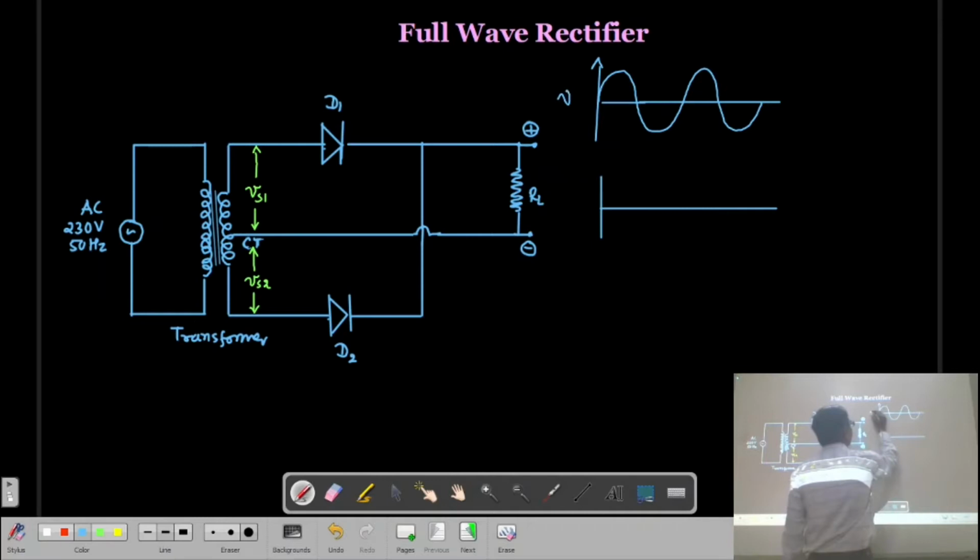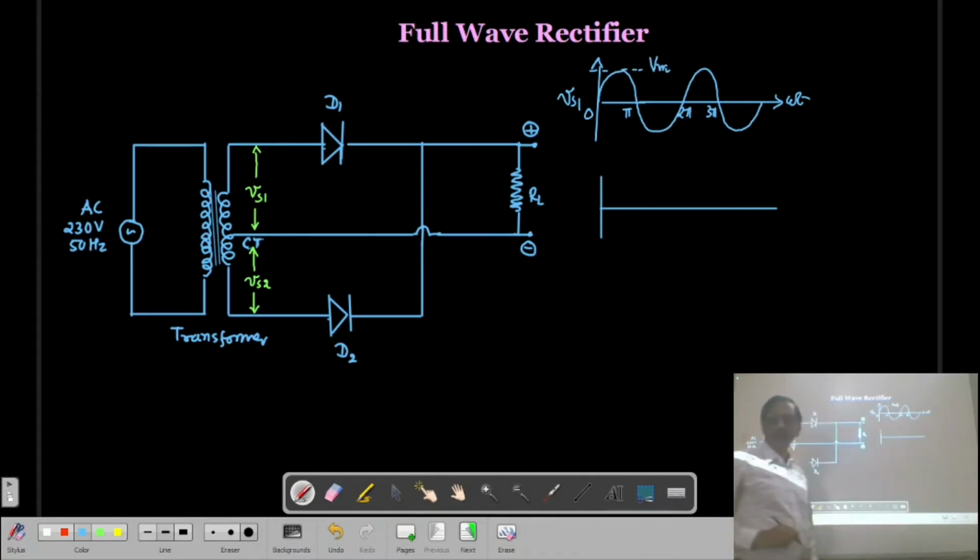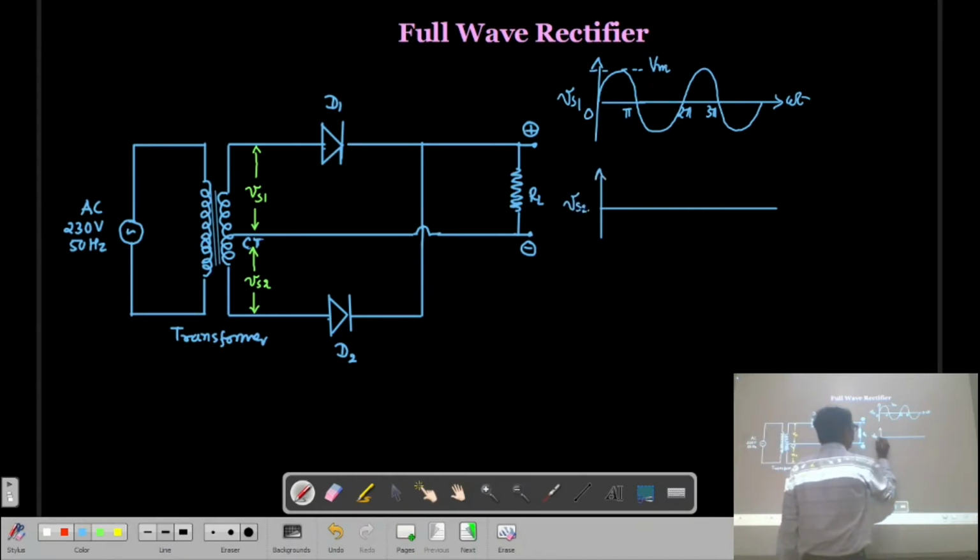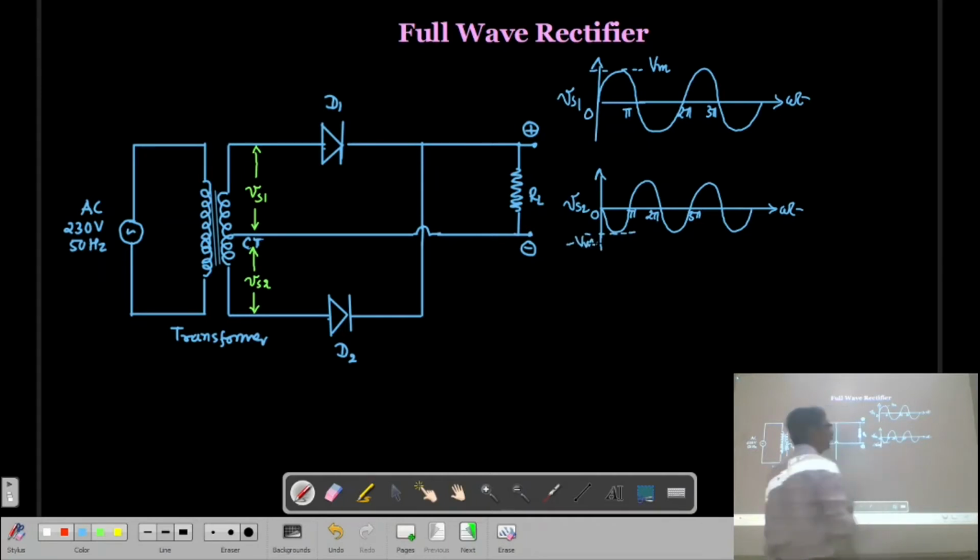We call this Vs1, with 0, pi, 2 pi, 3 pi, and this is my omega t axis. The maximum voltage is Vm. At the same time, the voltage Vs2 is going to be like this, with 0, pi, 2 pi, 3 pi on the omega t axis. Here the maximum voltage is minus Vm.